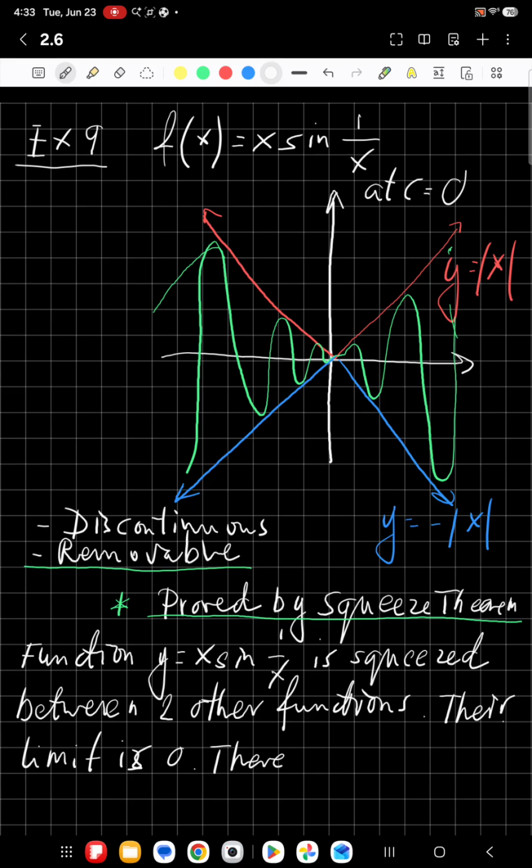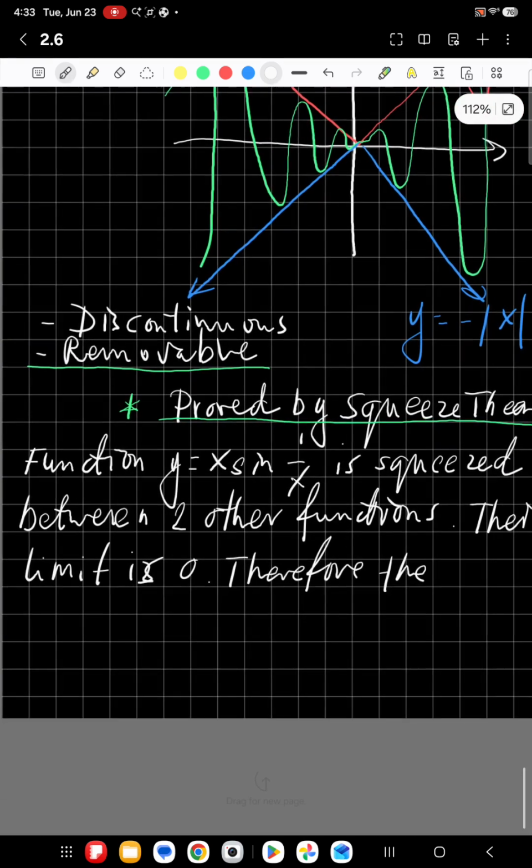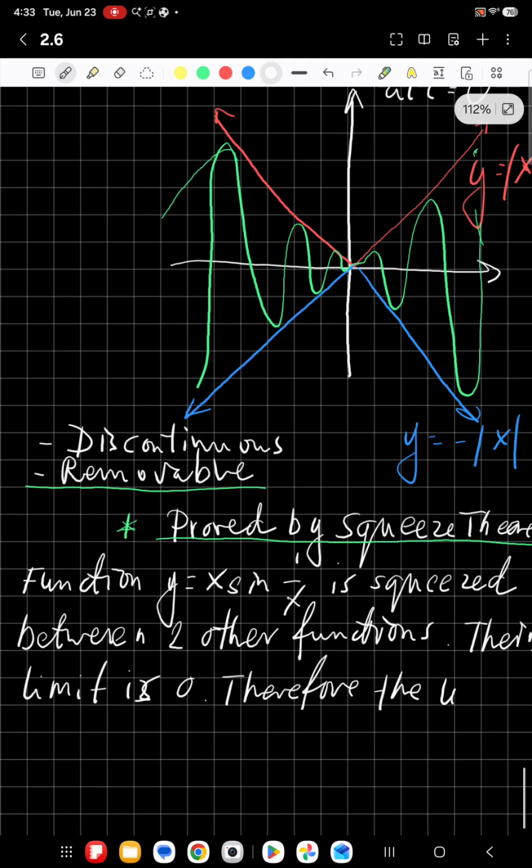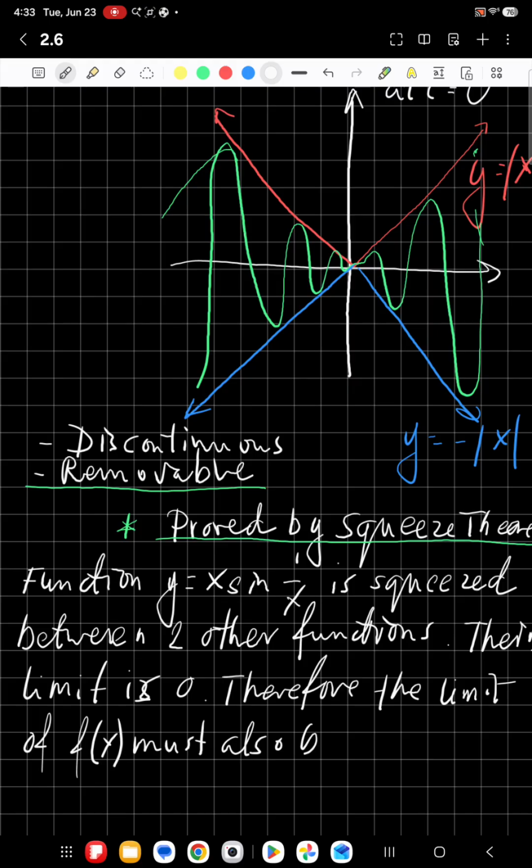Therefore, the limit of f of x must also be 0.